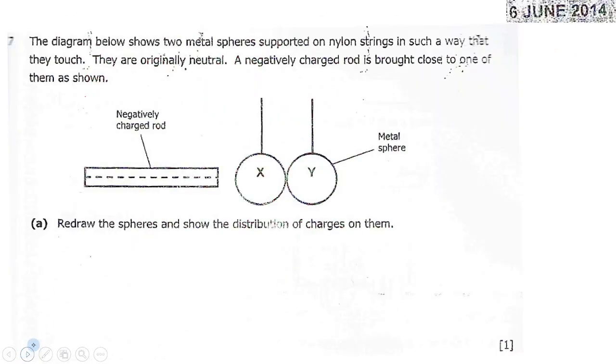We move. This one came in 2014. The diagram below shows two metal spheres supported on nylon strings in such a way that they touch. They are originally neutral, meaning they are not charged. A negatively charged rod is brought close to one of them as shown.